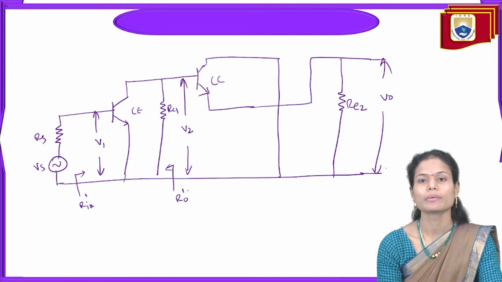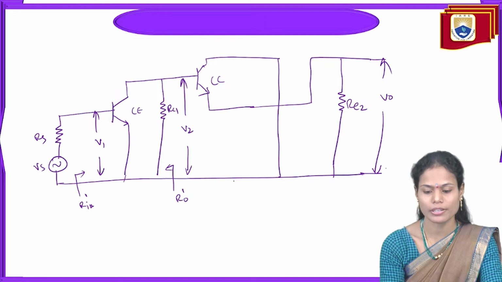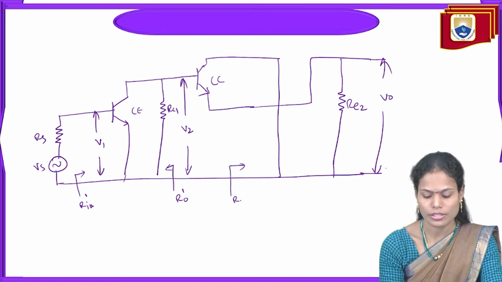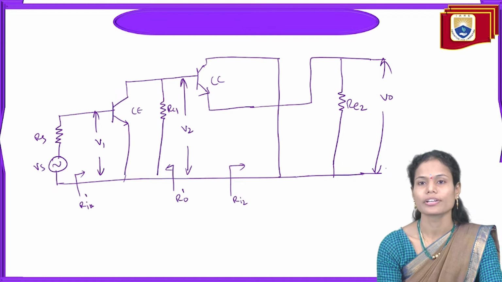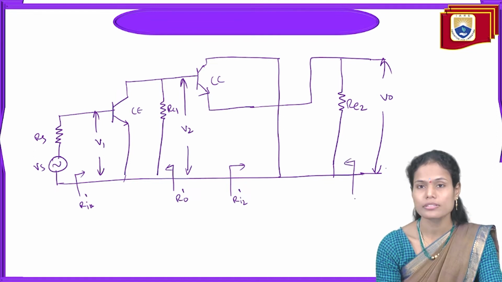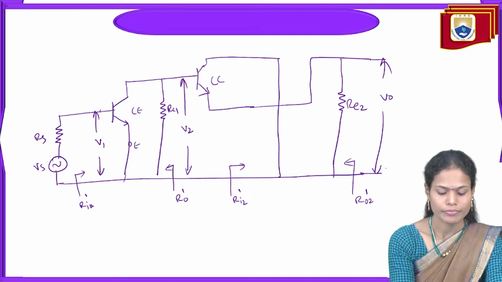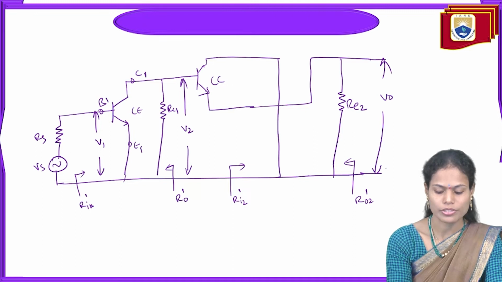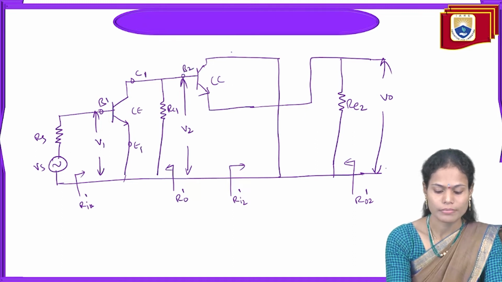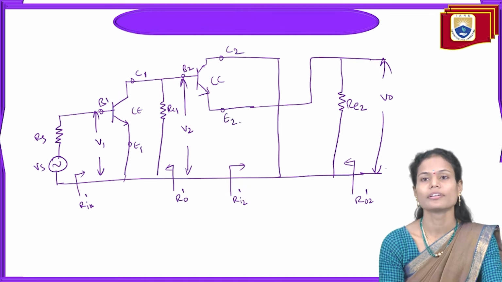So this is the output impedance of the first stage. And similarly, the input impedance of the second stage, we are calculating here as RE2 dash, and the output impedance across RE2, the output impedance of the second stage, here it is. So this is the emitter, base, collector of the first transistor, and this is the base, collector and emitter of the second transistor here.